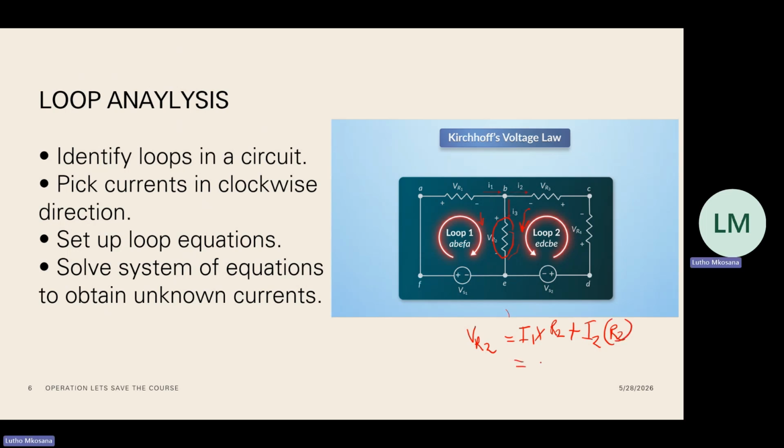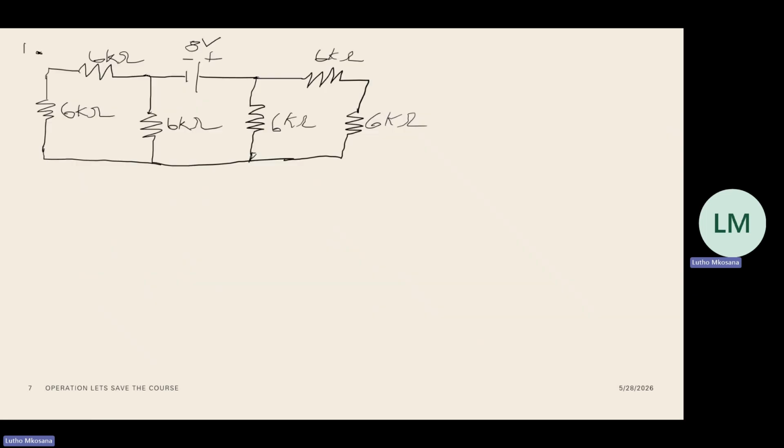So VR2 is I1 plus I2 times R2. That will be our formula for VR2 in this case. Then we'll move over to the next for an exercise.